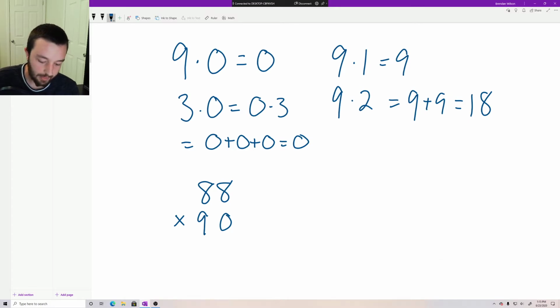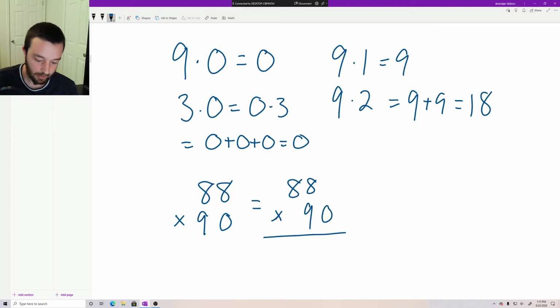So what we can do instead is sometimes we'll write it like this, with the 0 off to the side here. And then we just carry the 0 down with us, because what this is saying to do is, okay, just multiply by 9, and then whatever you get, just put a 0 at the end of it, and then it's the same thing as multiplying by 90.